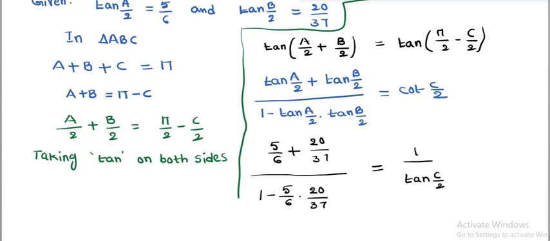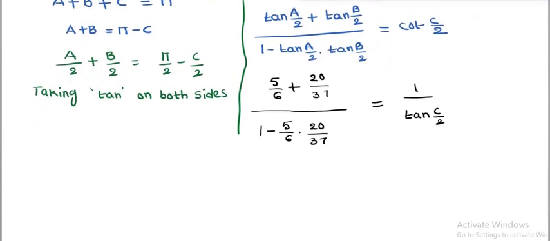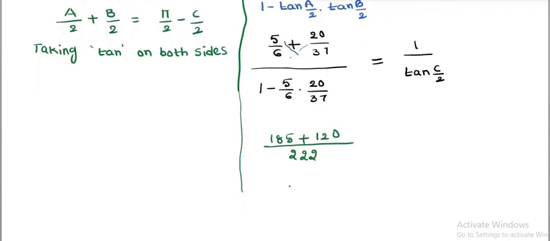So simplification: 6 into 37 LCM is 222. Cross multiplication: 5 into 37 is 185, plus 6 into 20 is 120, whole divided by 222, and a big fraction, 1 minus 100 by 222, is equal to 1 by tan C by 2.